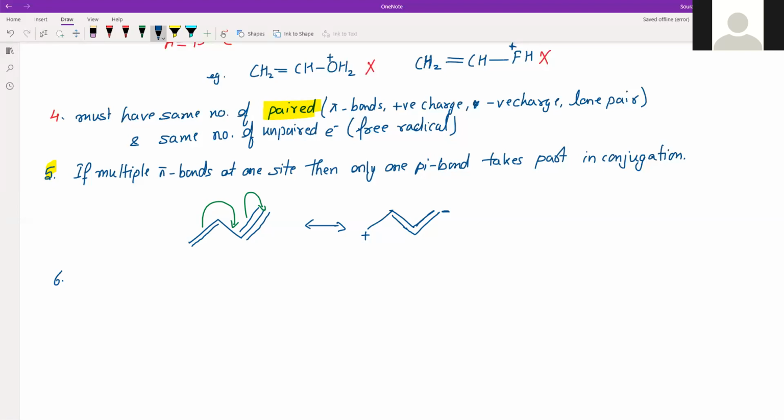That we have already seen, that if there is a pi bond here, right, and there is a positive charge or negative charge on this, then only the pi bond will take part in the resonance or conjugation. For example, if there is a positive charge here, then positive charge means there is no electron, so that is not our concern. But if it is like this, that there is a negative charge here.